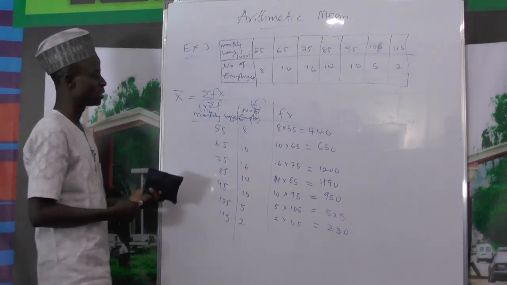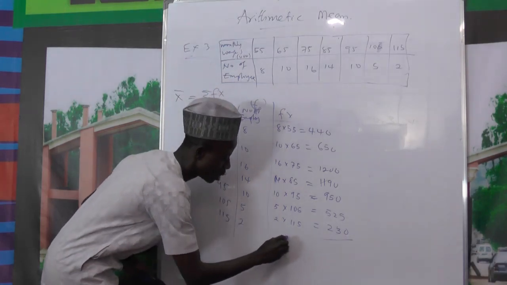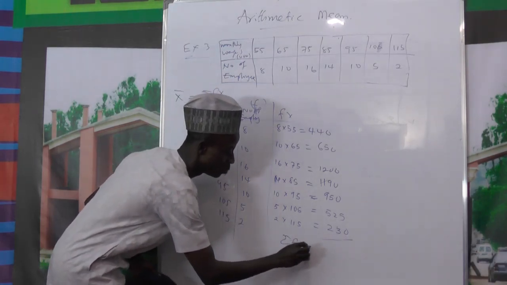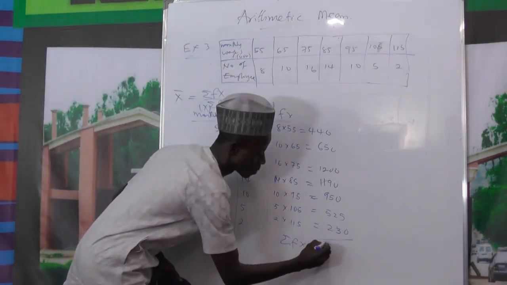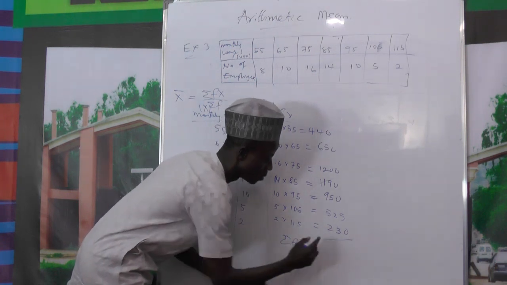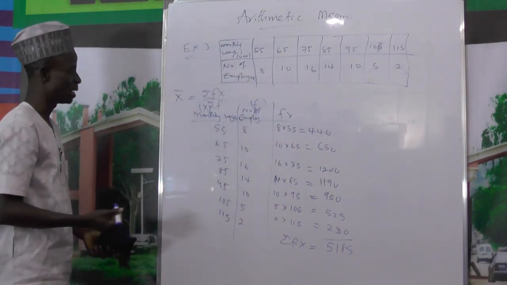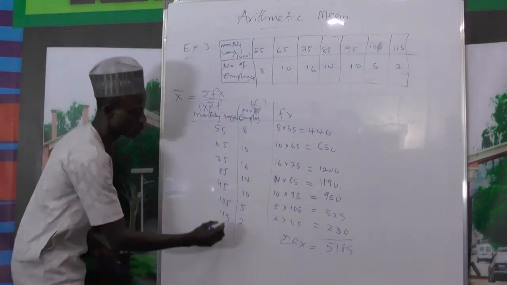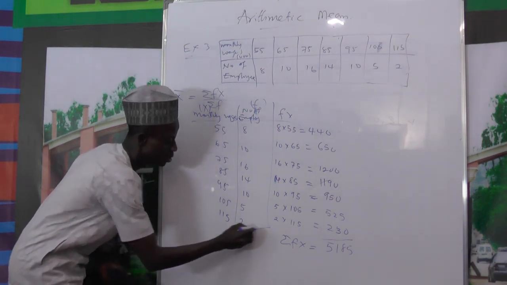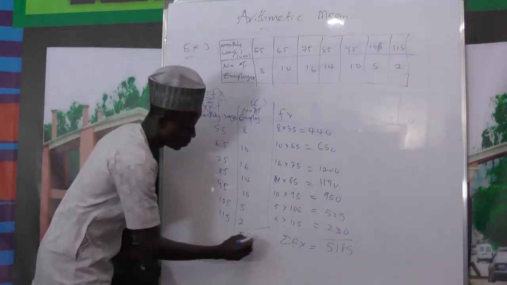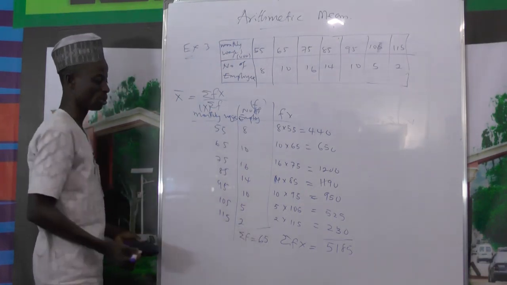To now get the sum of our fx, we just add all these together. So our summation of fx will now be equal to 5,185. Then the lower side, which is the sum of our frequency, sum of f, if we add all this together, we are going to have our sum of frequency to be 65.